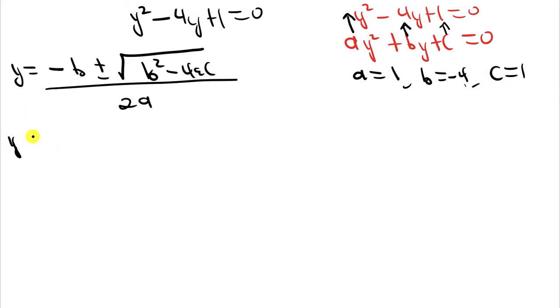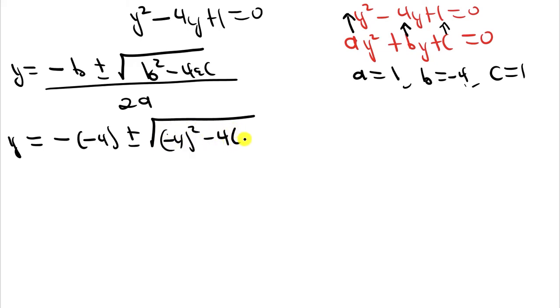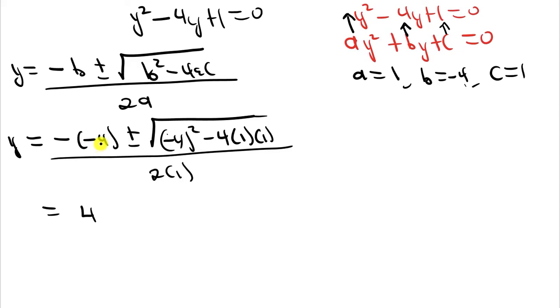Therefore, y is equal to minus b, which is minus of minus 4, plus or minus the square root of b squared, so minus 4 squared, minus 4 times a, which is 1, times c, which is also 1, all over 2 times 1. Simplifying, minus times the negative gives a positive 4.